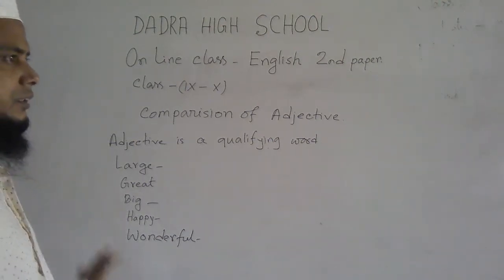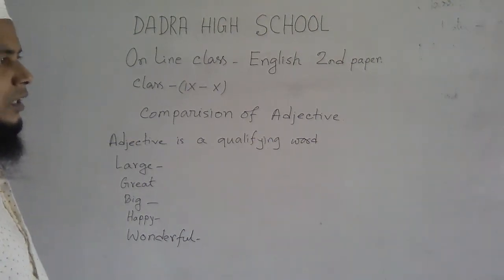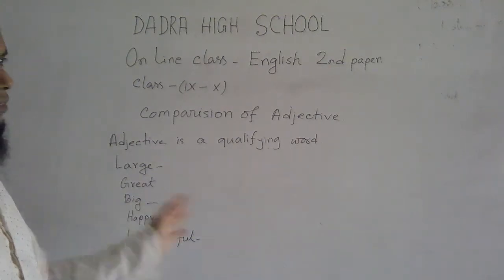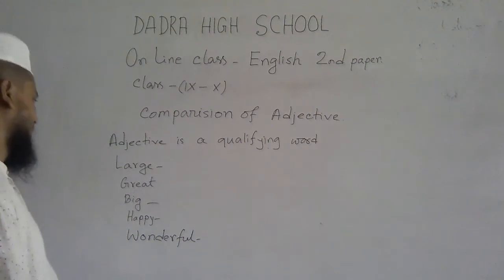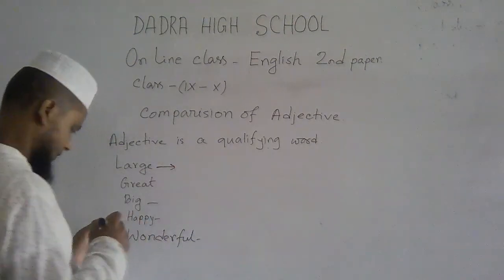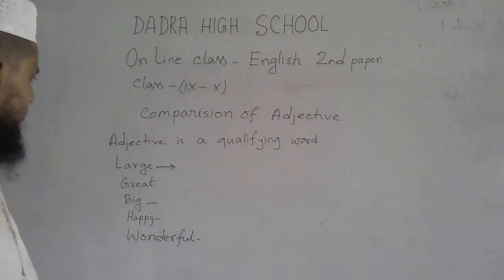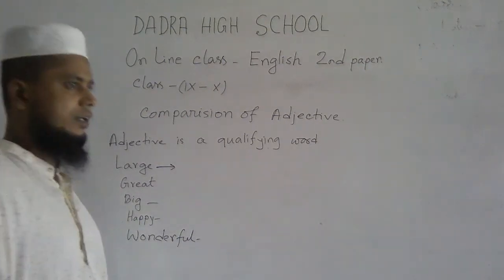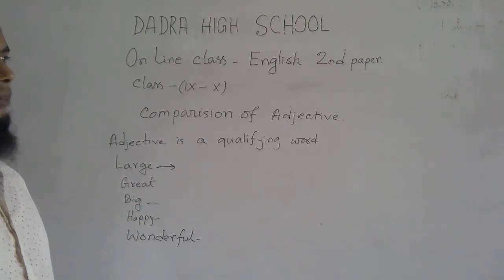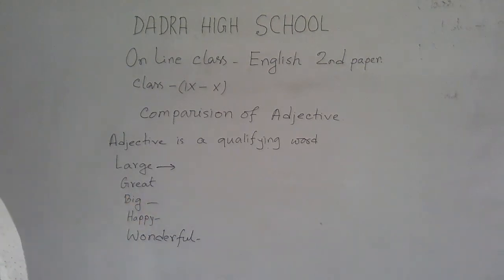How will we change a positive word to a comparative word to a superlative word? This is positive, large. This is a positive form of adjective, and the word is monosyllabic.